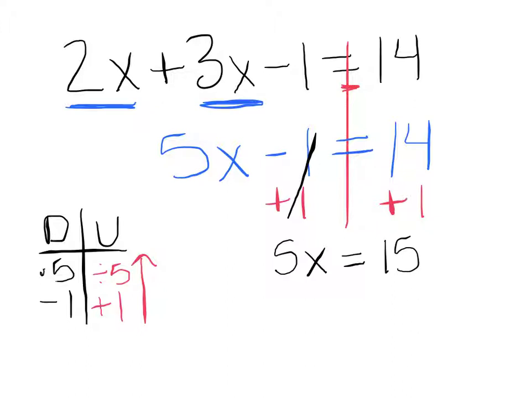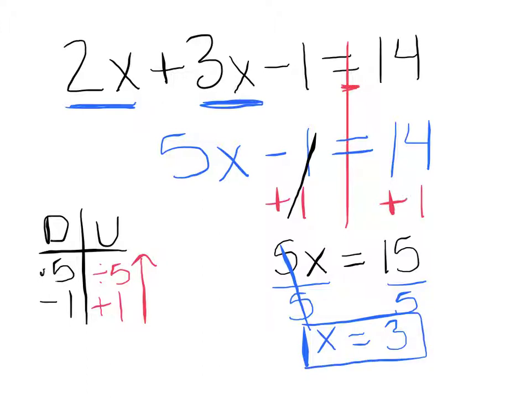Go back to your do and undo chart, and it looks like divided by 5 is our last step. So divide both sides by 5. 5 divided by 5 is 1, so I'm left with just x, equals 15 divided by 5 is 3, so x equals 3. We just solved an equation that required us to combine like terms and then make our do and undo chart.